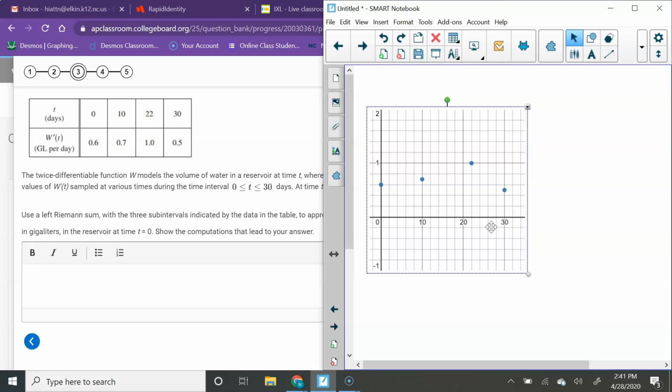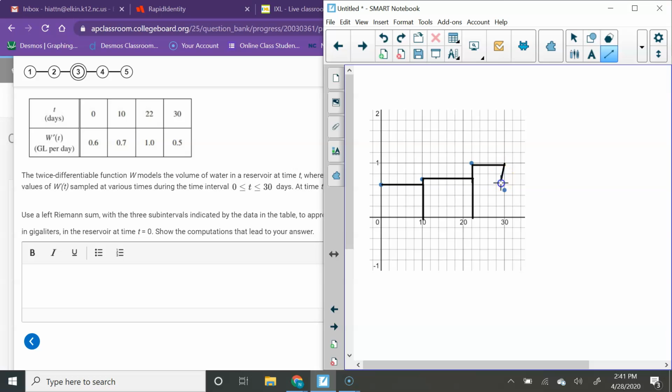Alright, so now on these, what you're doing is you're using your left Riemann sum. So that means your corner of your graph is going to be on the left endpoint there. And so that would look like this. Just like so. Now notice all of these rectangles are not the same width.